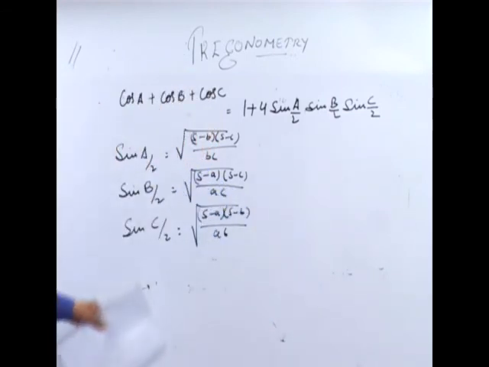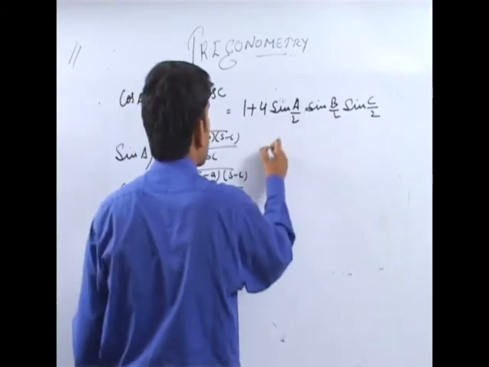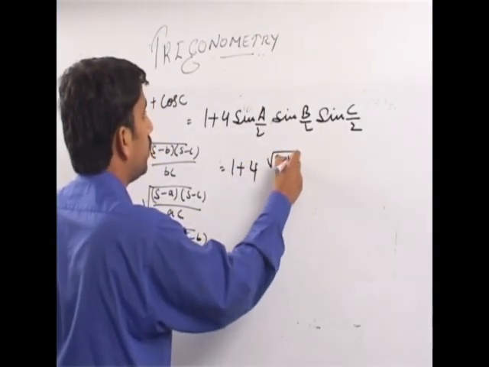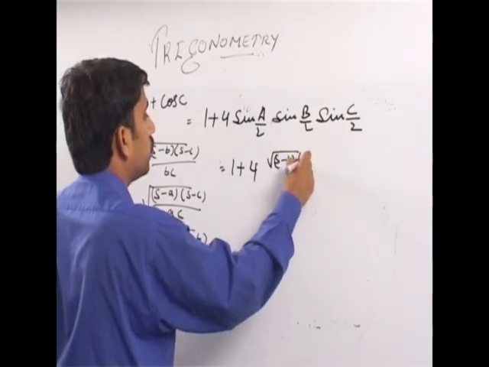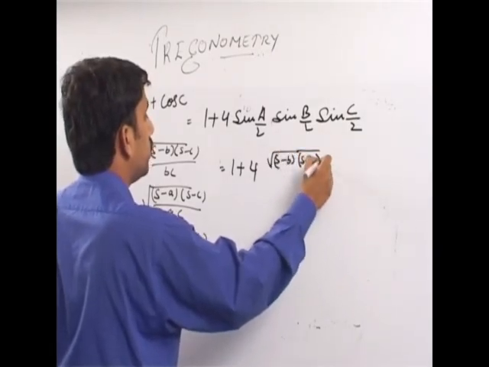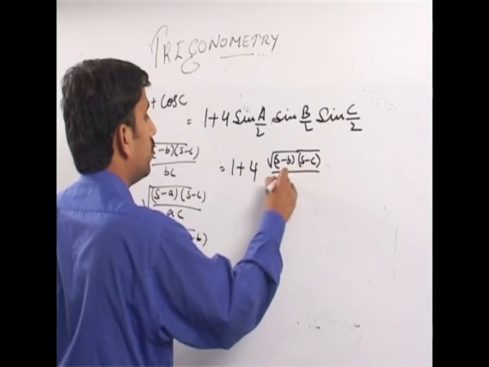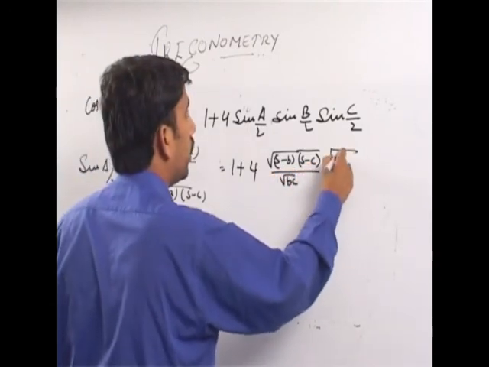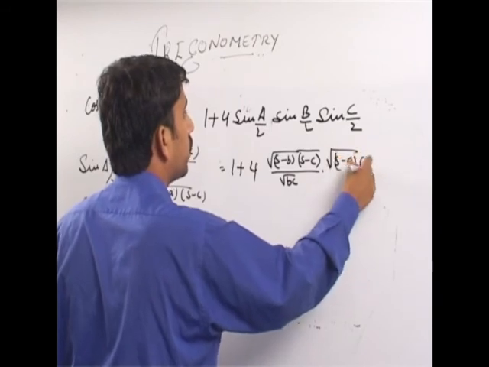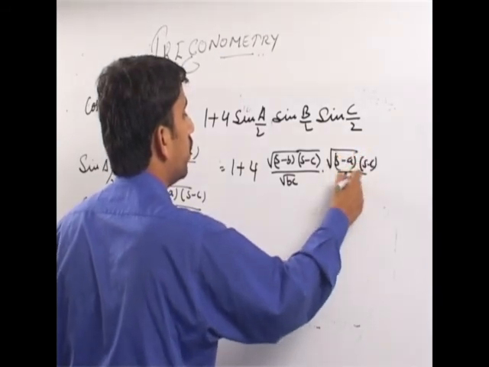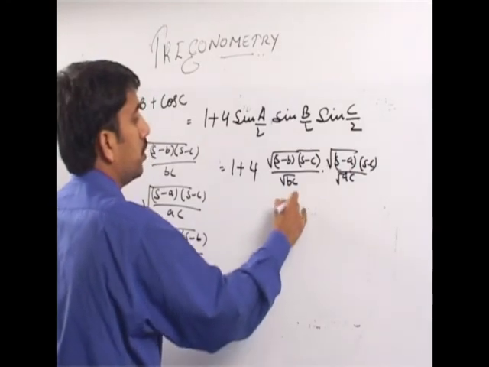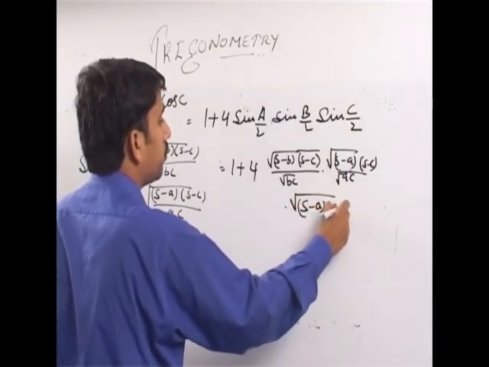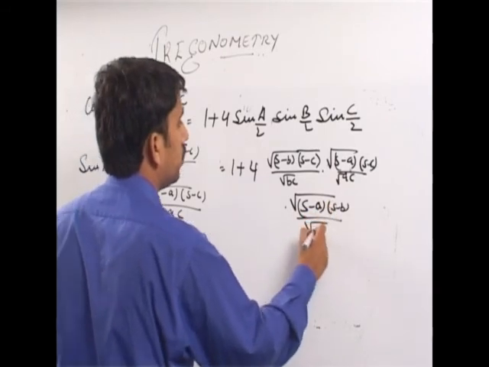Now when you put these values here, you will get 1 plus 4 times under root S minus B into S minus C over under root BC, into under root S minus A into S minus C over under root AC, into under the root S minus A into S minus B over under the root AB.